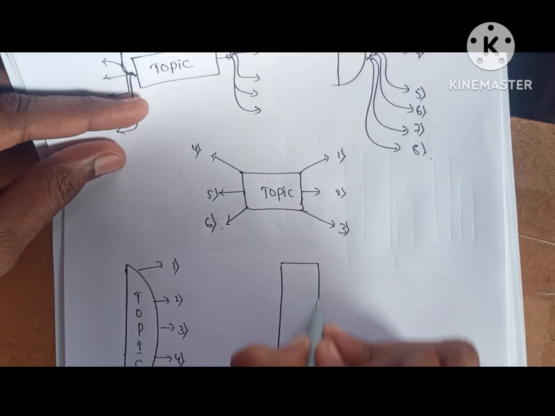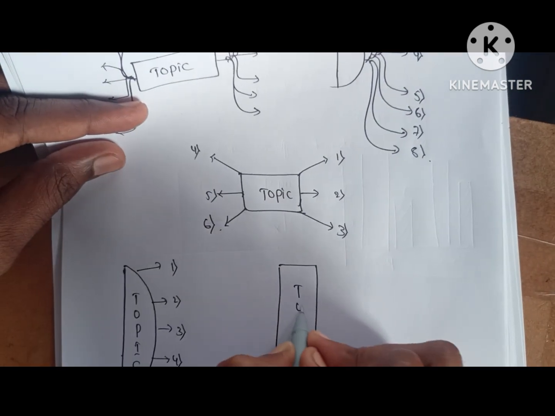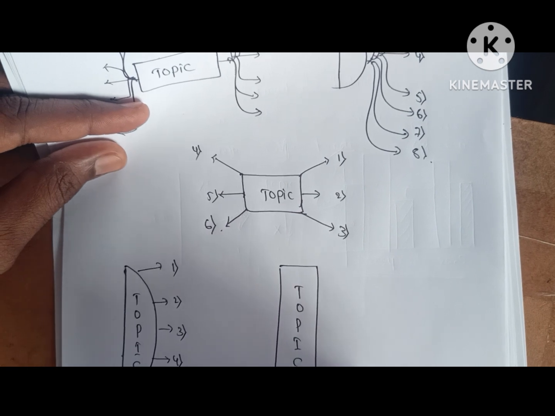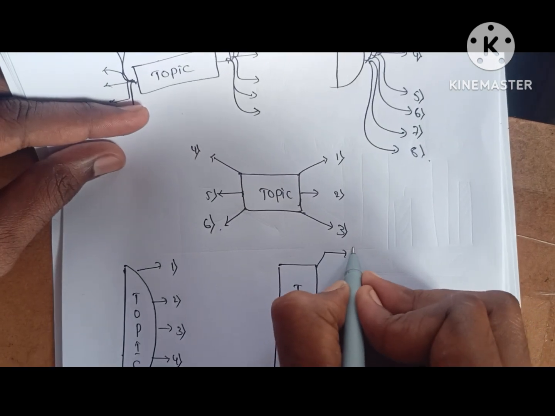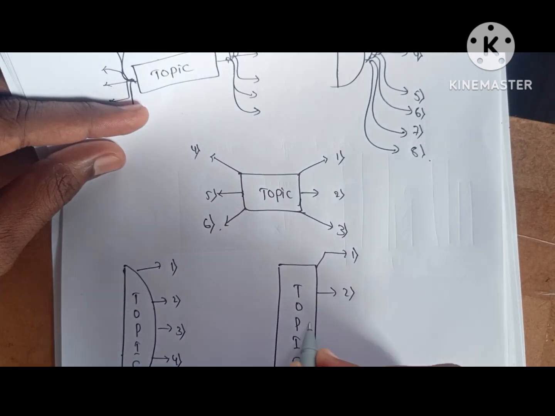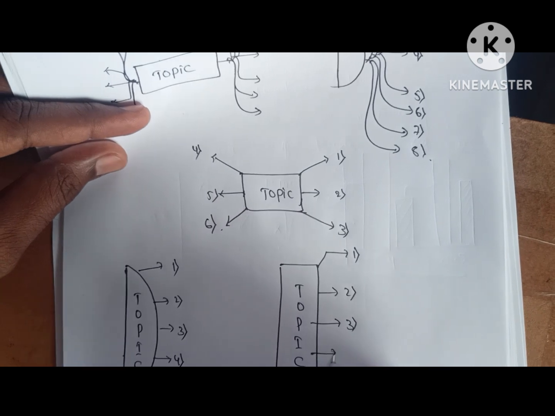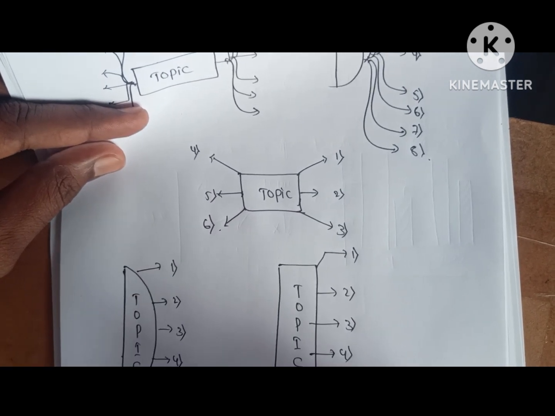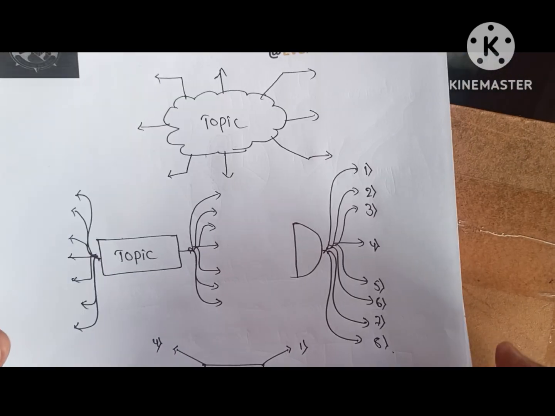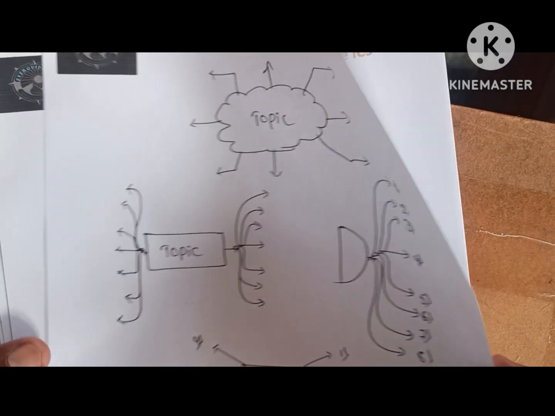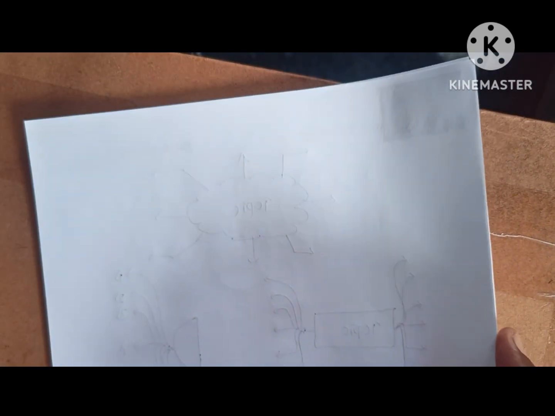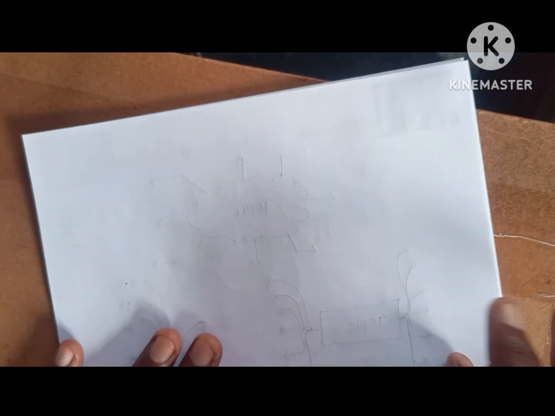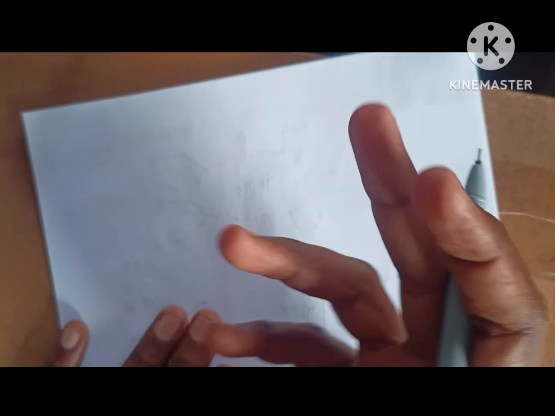And another way of writing is like this: 1, 2, 3. This is a smart art technique where you can present your answer in a smarter way than others. It gives the examiner a visual presentation and helps to fetch good marks.